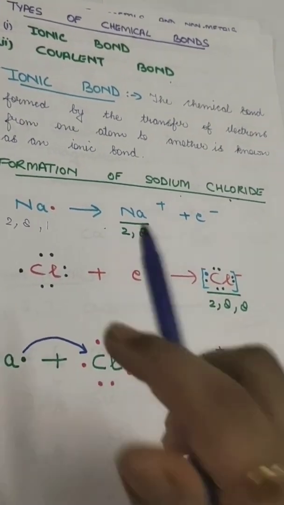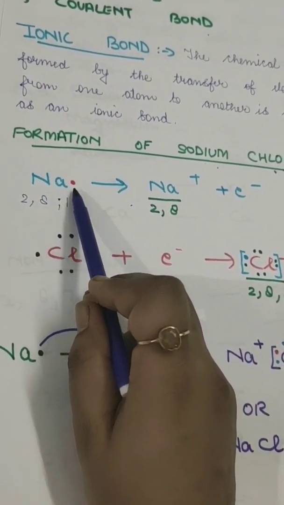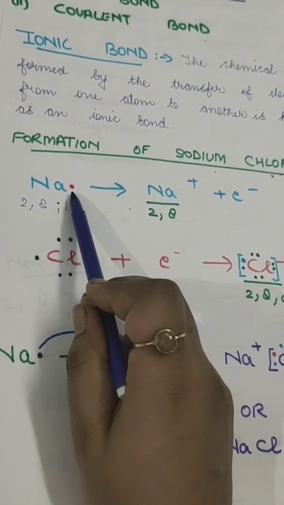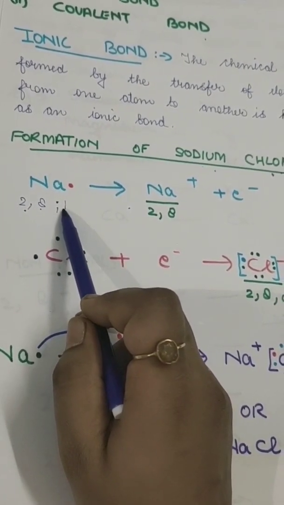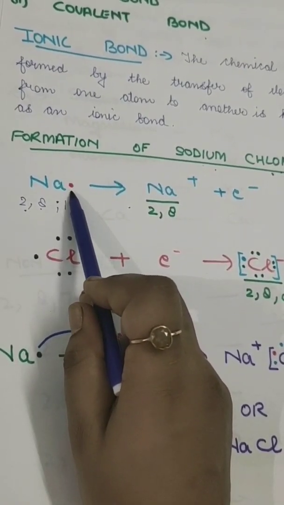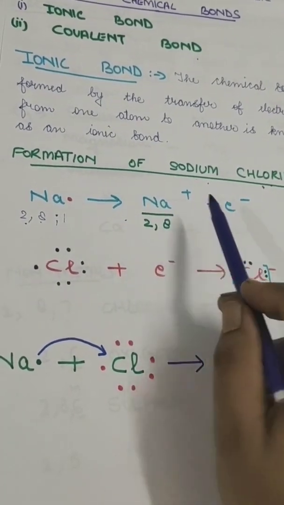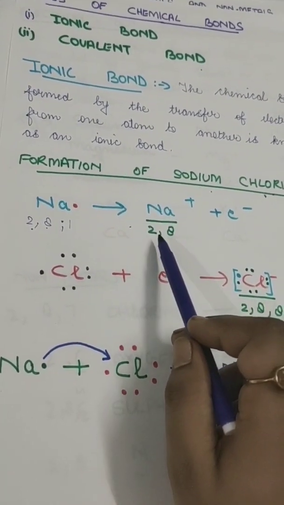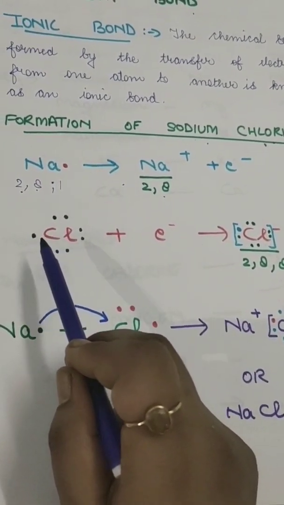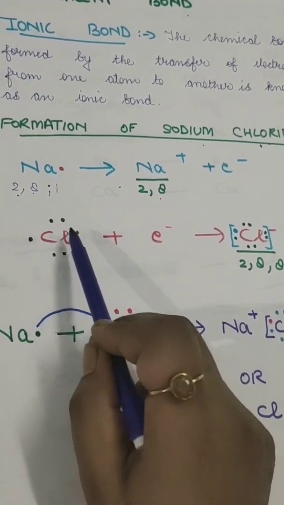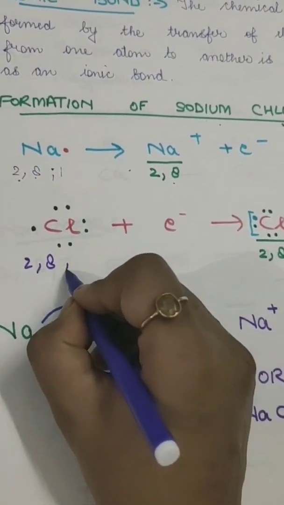Sodium here is a metal, and I have made one dot, that represents the electron dot structure of sodium because it has 2, 8 and 1 electron in its outermost shell. So one electron is one dot here, and sodium always donates the electron. So sodium will donate the electron and acquire a positive charge, and the configuration would be 2 and 8. In the case of chlorine, I have used another pen. Chlorine has 7 dots in its outermost shell, that means its configuration is 2, 8 and 7.